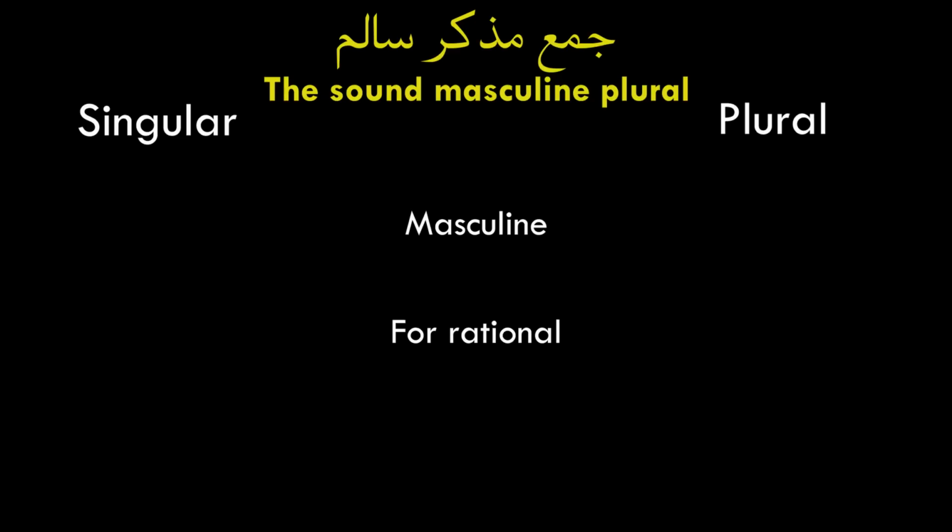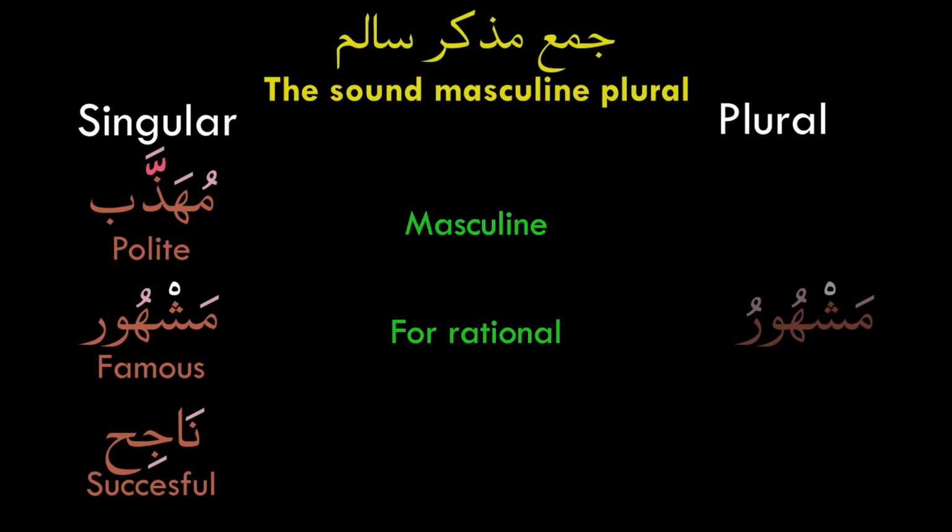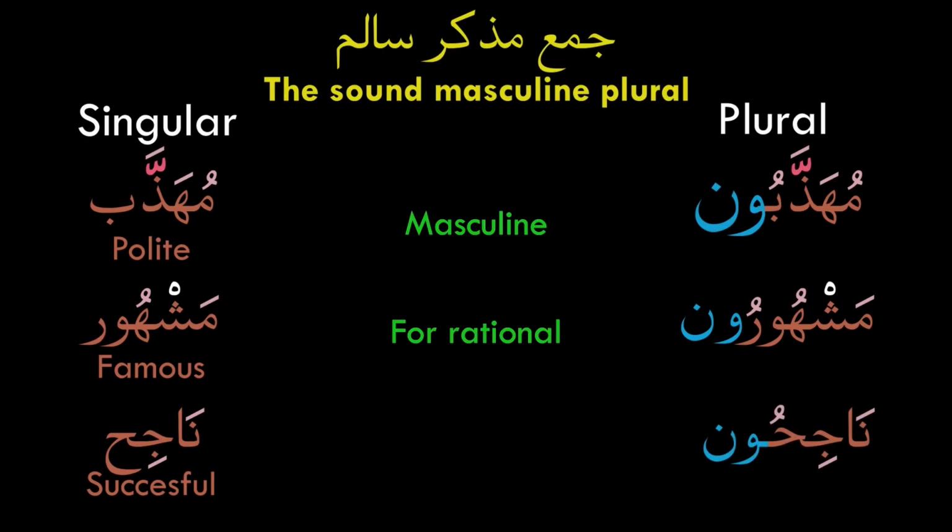Examples for adjectives are mashhur, muhazzab, and najih. They are masculine and for rational, for human being, so their plural forms are mashhurun, muhazzabun, and najihun.